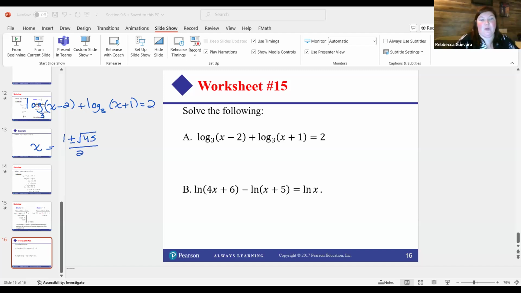If we try 1 minus the square root of 45 over 2, we get undefined. The problem is that right here and right here, I'm doing a log of a negative number. Like I said, we had this restriction that we had to make sure that x stayed positive. In this case, x is not positive, so this is the answer I have to throw out.